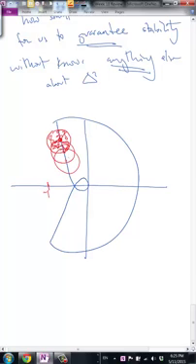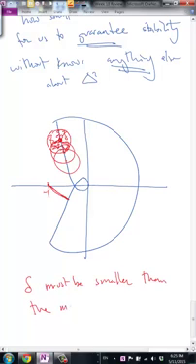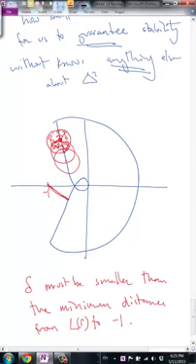And we can see from this picture that the key point is that delta, if we don't know anything else, must be smaller than the minimum distance from L of gamma to the point minus 1.